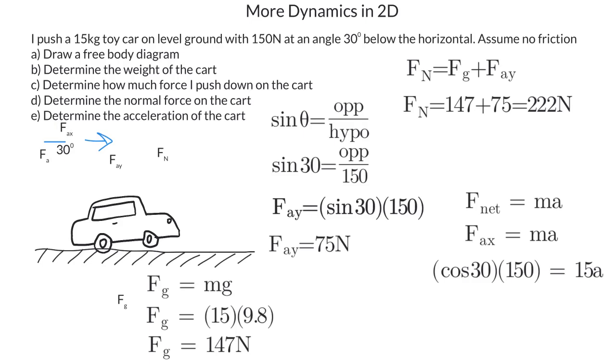Alright, so if I take 150 and multiply it by the cos of 30, I get, when I round, 130. So we can put that in. So this side will be 130. And 15a. And I'll divide both sides by 15.